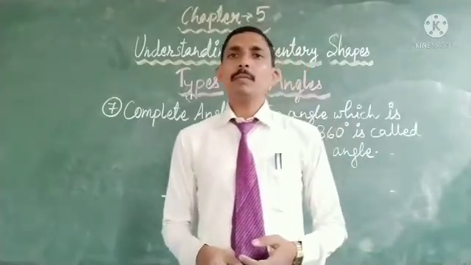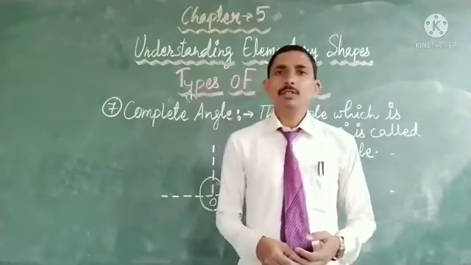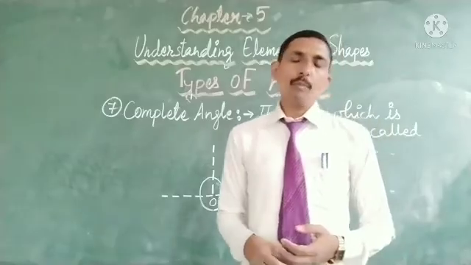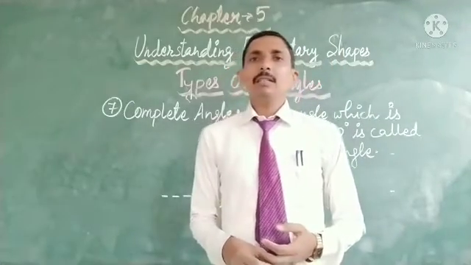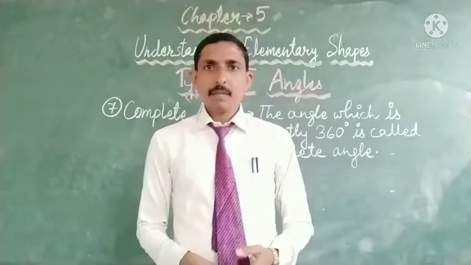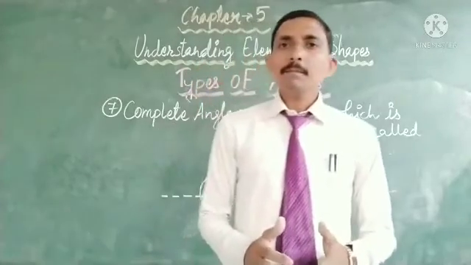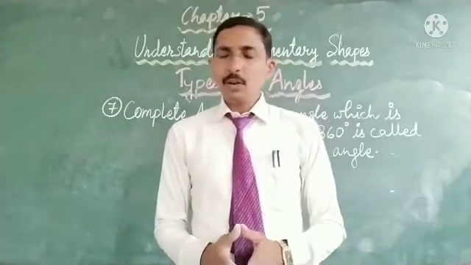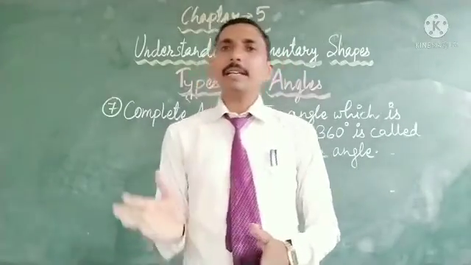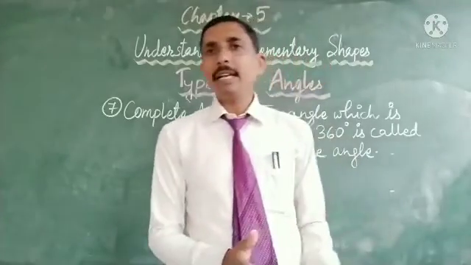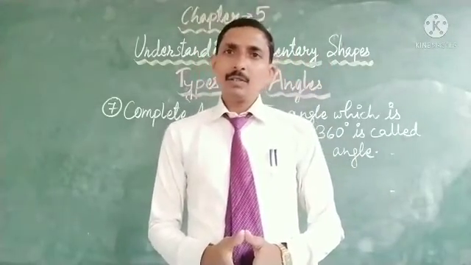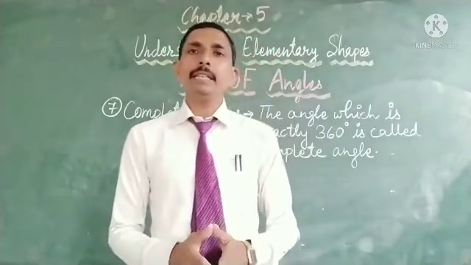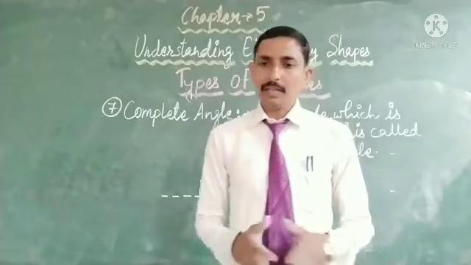Now what is obtuse angle? The angles that lie between 90 degree to 180 degree, or we can say the angles that are greater than 90 degree and less than 180 degree. So all the angles that lie between 90 degree to 180 degree, they all are obtuse angle.